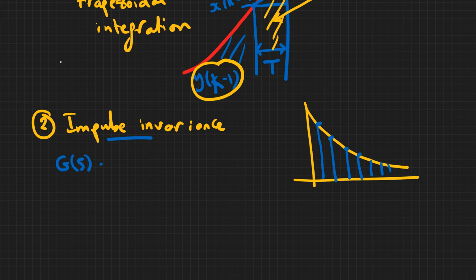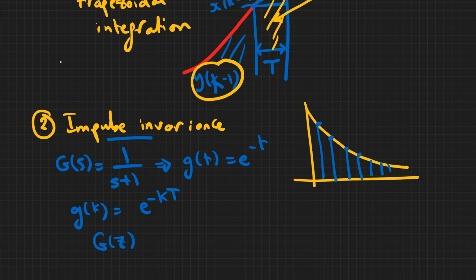Let's say, for example, we have g of s equals 1 over s plus 1. We know in this case that g of t is going to be equal to e to the minus t, right? And g of k is e to the minus kT, and it's just by discretizing this function directly.